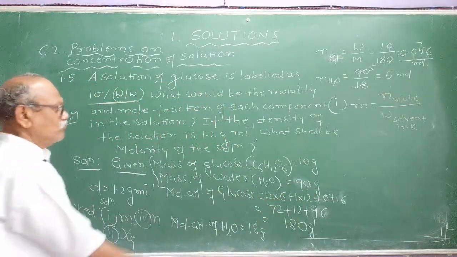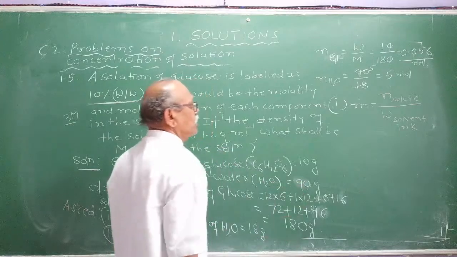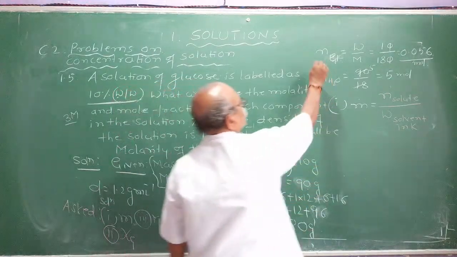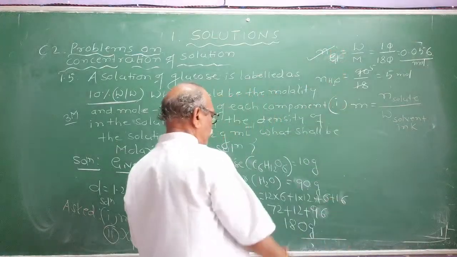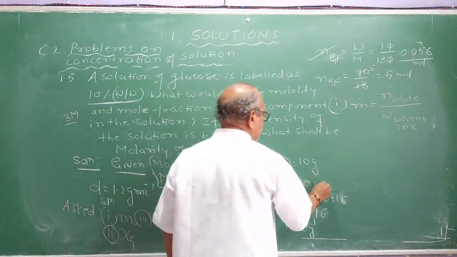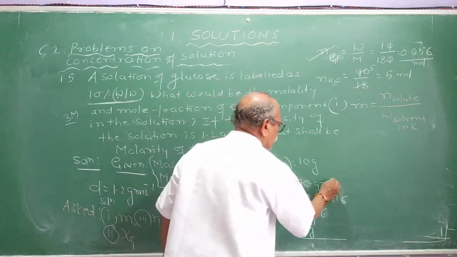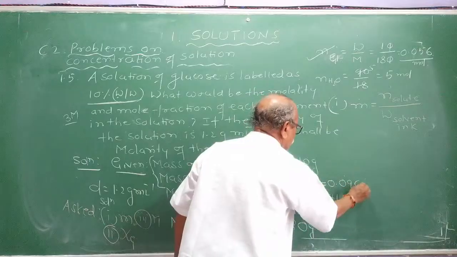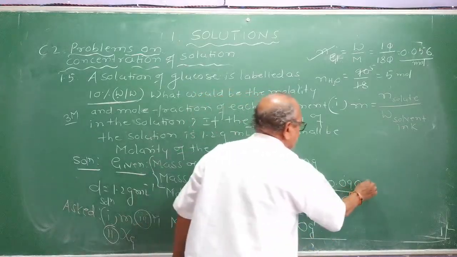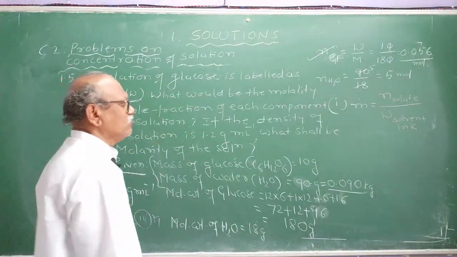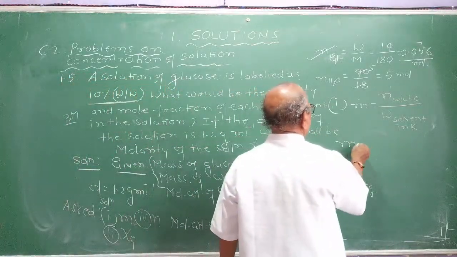Number of moles of the solute you already prepared, but you need mass of the solvent in kg. Shift the decimal point 3 places to the left, you get 0.090 kg.